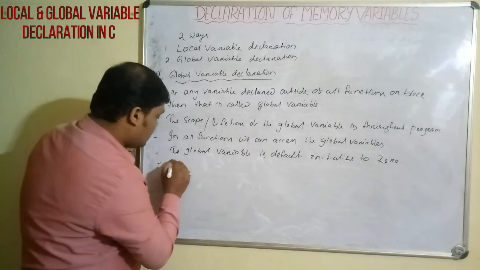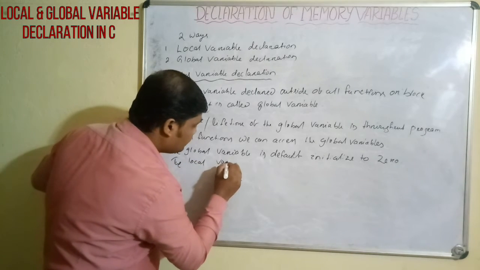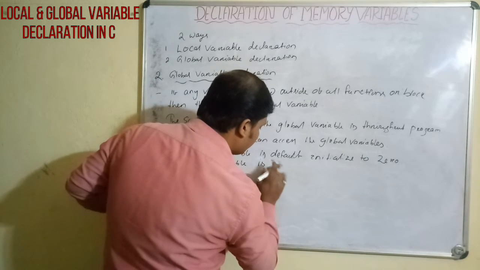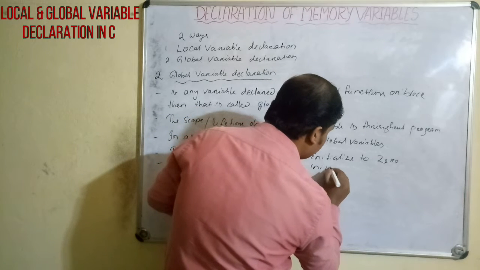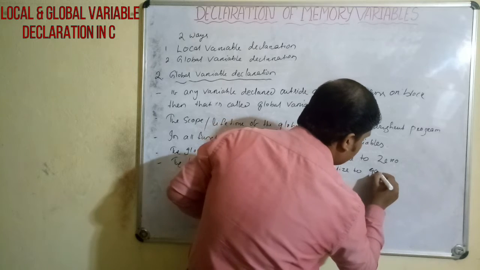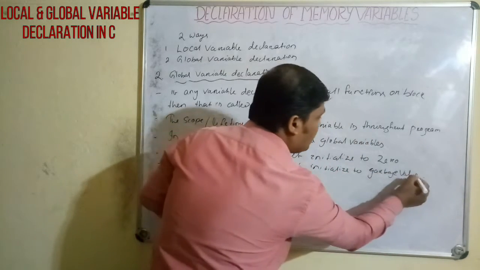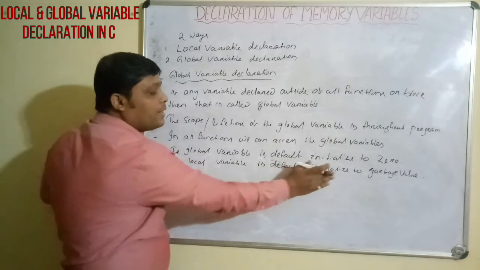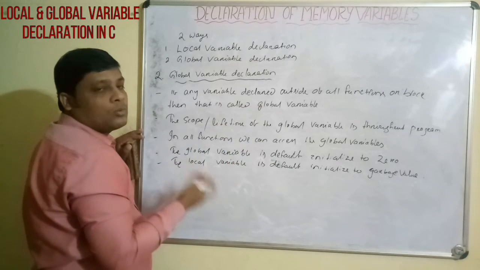But the local variable is by default initialized to garbage value. Clear? The local variable is by default initialized to garbage values, and the global variable by default initialized to 0.